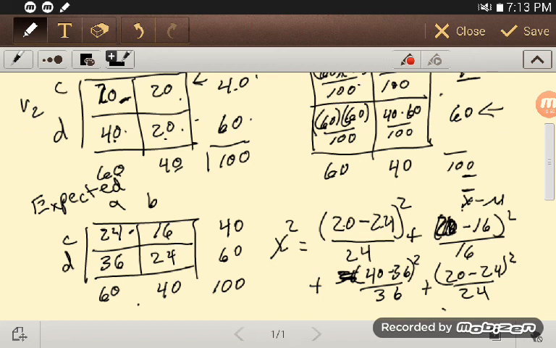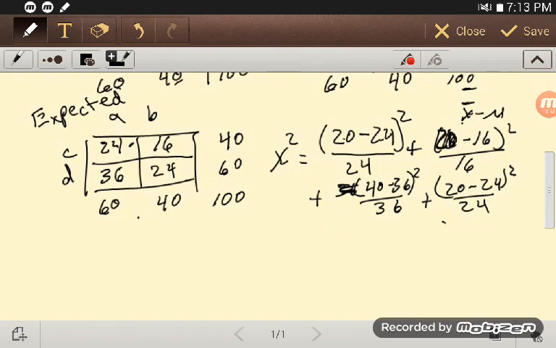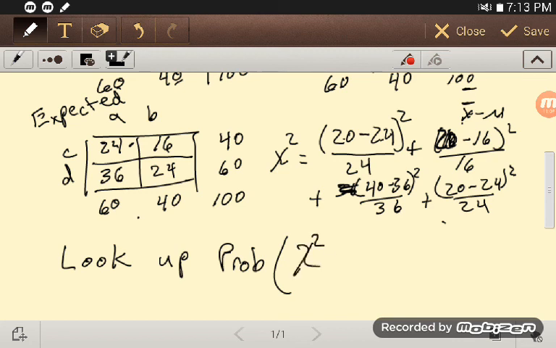And then once we have that chi-squared number, well, we look up that probability that our chi-square is greater than or equal to, I'm going to call this chi-square hat.